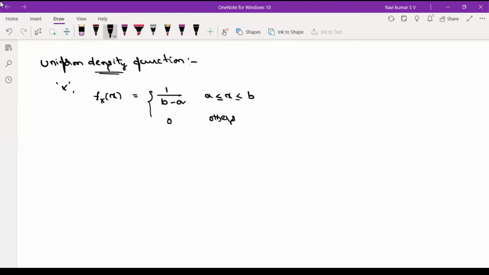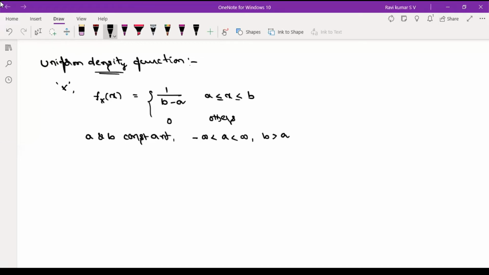Here a and b are constant values, they lie between minus infinity and plus infinity, and b is always greater than a.